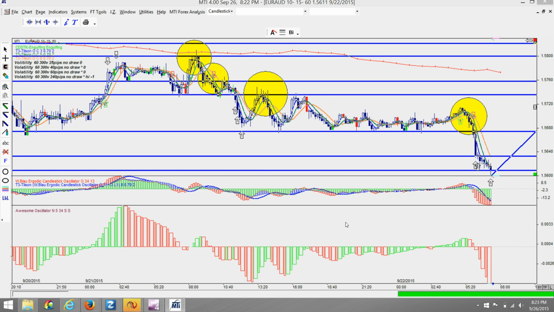Yeah, hi traders. Just doing a quick video on the Euro Australian with the 60-minute volatility stop line on the 10-minute time frame. You see when it gets close to this volatility stop line and it's resistance, that's 60 minutes, and it goes down.